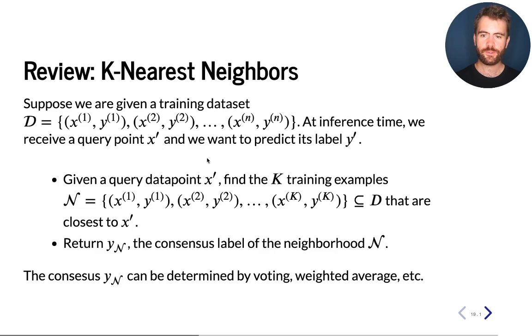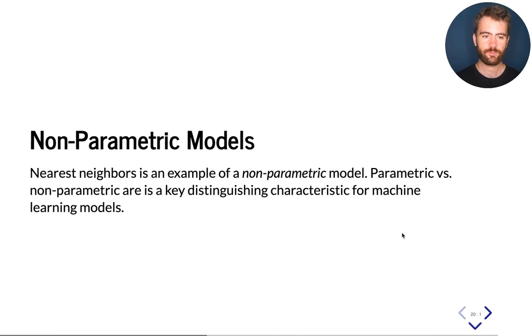Then nearest neighbors finds the k closest training examples to x prime, and we call this set of examples the neighborhood, denoted by script N. Then nearest neighbors returns either the average of the targets in this neighborhood, or the most frequent target in this neighborhood, or more generally some sort of consensus label or consensus target in this neighborhood. So this is our definition of k-nearest neighbors.